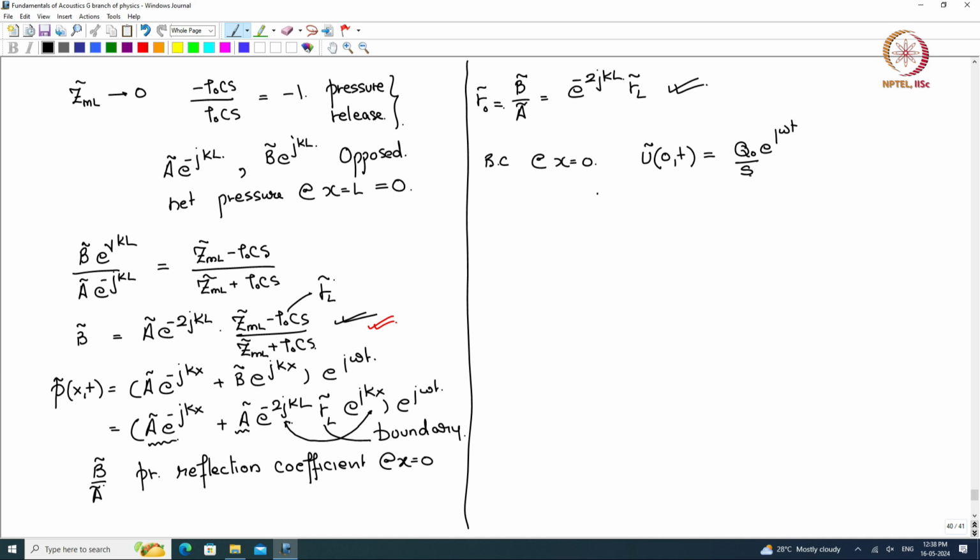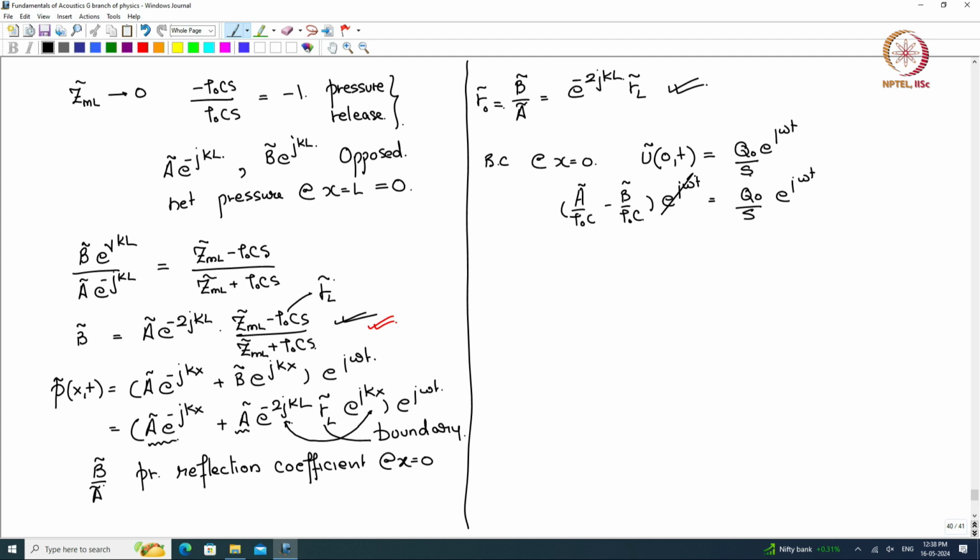You recall that the velocity can be written as a tilde by rho 0 c minus b tilde by rho 0 c, because at x equal to 0 the propagators do not come in, and I have e to the power j omega t, and that is equal to q0 over s e to the power j omega t.